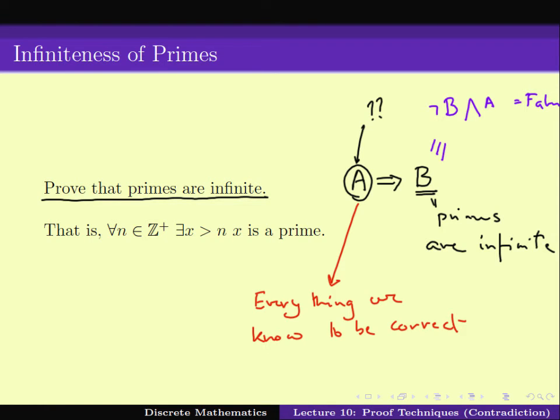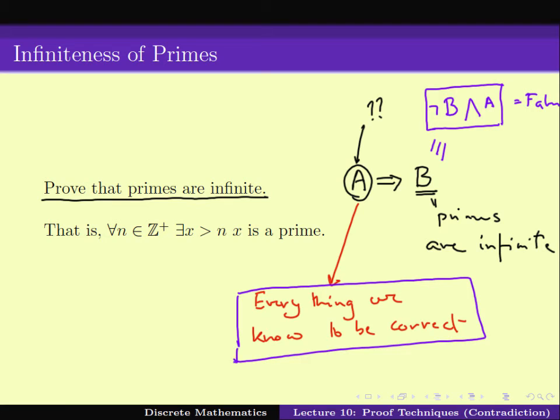Or in other words, this statement says that if B is not true, if the number of primes is not infinite, or in other words, if the number of primes is finite, then something that we know must be contradicted. So A here, something that we know, must have a contradiction. Right? And this is how we will go about proving our statement.